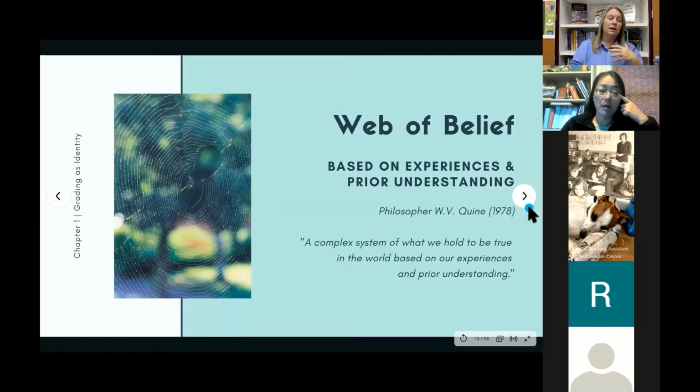This term was coined by philosopher W.V. Quine in 1978. He says that it's based on our experiences and our prior understanding, these things that we believe. So when you think about teachers and their beliefs about grading, it comes from their past experiences and their prior understanding. He says it's a complex system of what we hold to be true in the world based on our experiences and prior understanding. That's what a web of belief is.